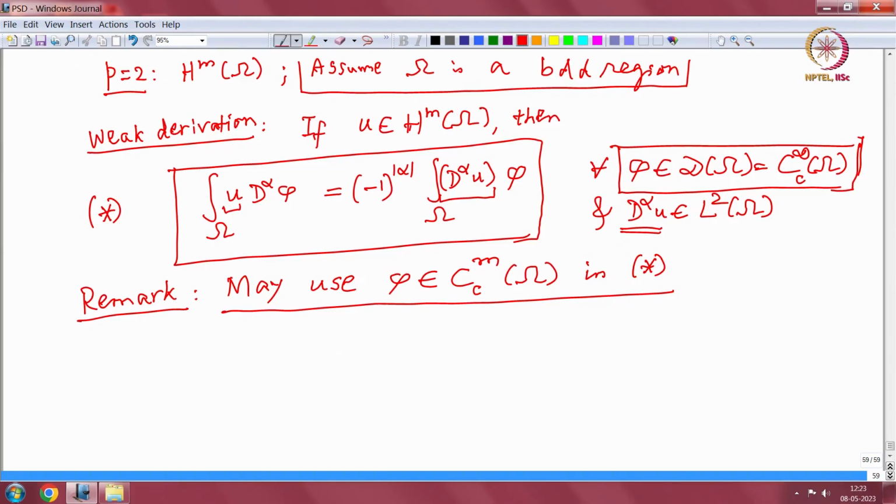Another observation quickly comes again from the theory of distributions. Since these are functions, they are distributions of finite order.